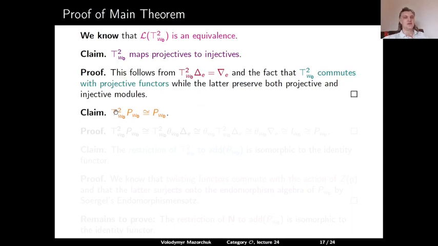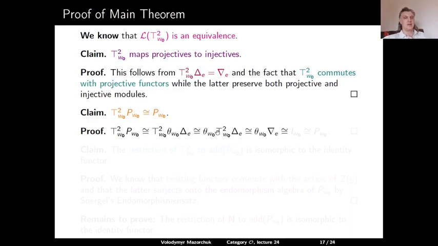Next, let us prove that T_{w0} squared maps the projective injective module P(w0) to itself. Indeed, T_{w0} squared applied to P(w0) is isomorphic to the following. We can rewrite P(w0) as θ_{w0} applied to Δ(e). Now we can compute θ_{w0} and T_{w0} squared.